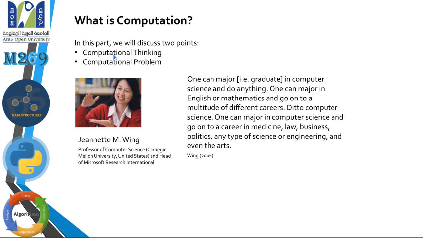So here we are going to focus on two terms: computational thinking and computational problems, which are related to computers. We'll talk about computational thinking, how you think in a computational way, and we are going to talk about the problems from the computational way. So computational thinking, computational problems.